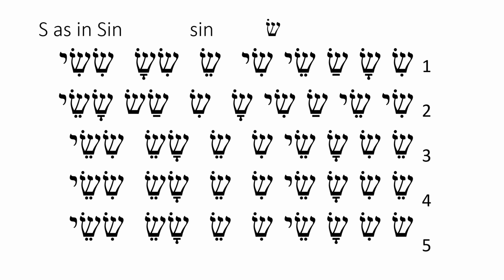Go ahead and let's read across now together. And again, these are all going to be the S sound, as in sin. As we read across, line 1, we have si, sa, say, si, say, si, sa, si, si.